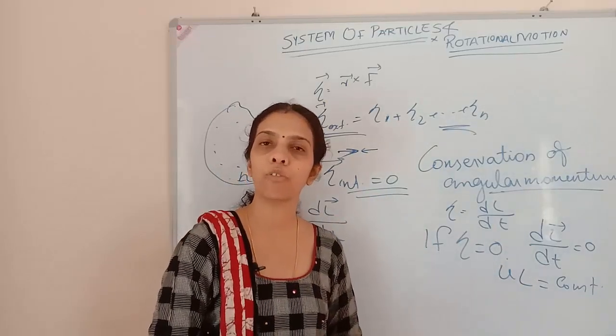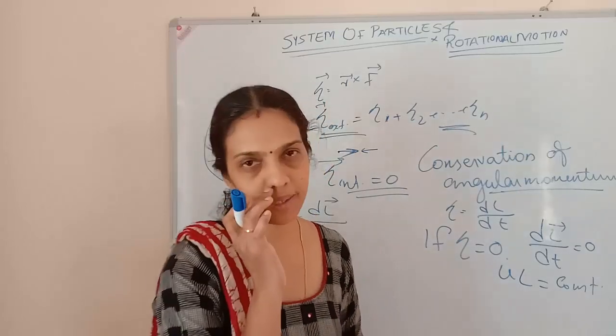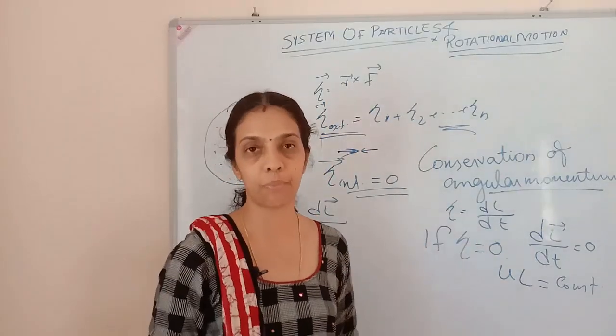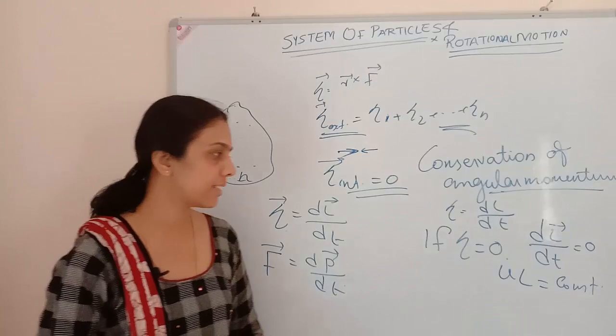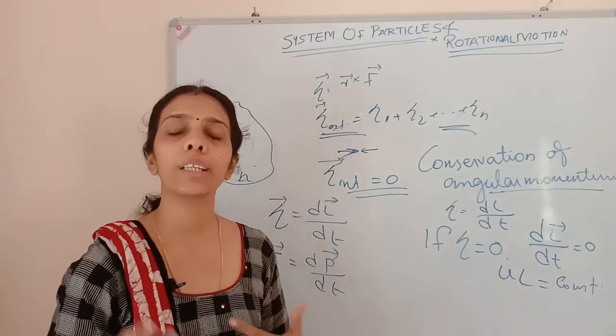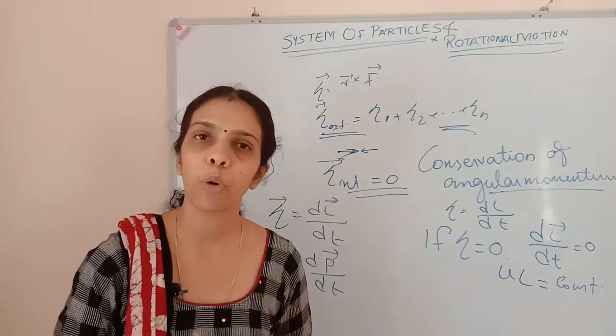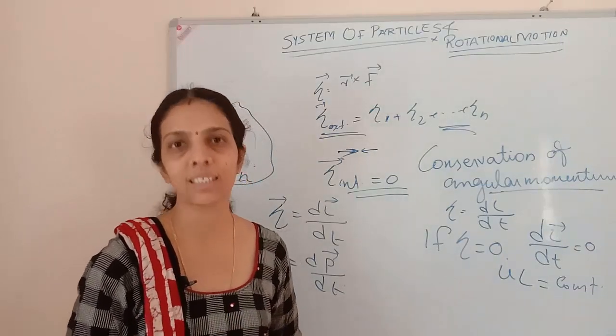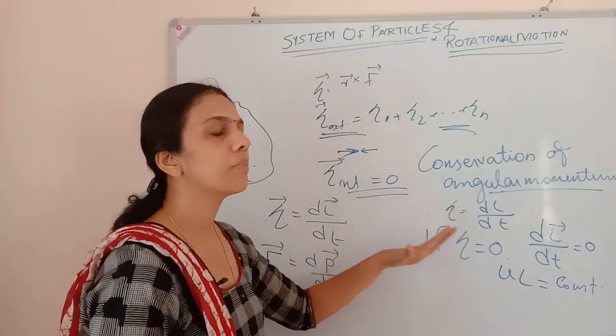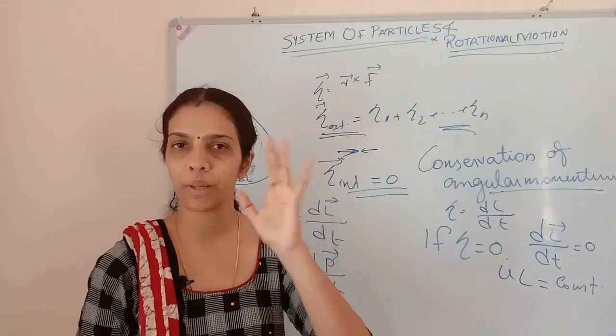Angular momentum of the particles remains constant in an isolated system. So while considering an isolated system, if no torque acts on the system, then the total angular momentum remains constant. This is called conservation of angular momentum.